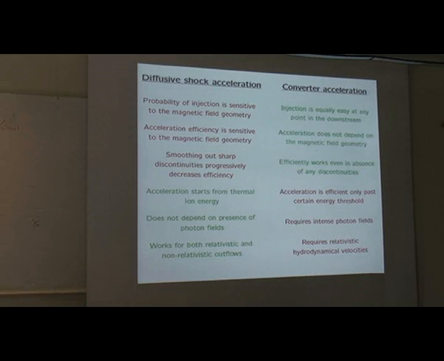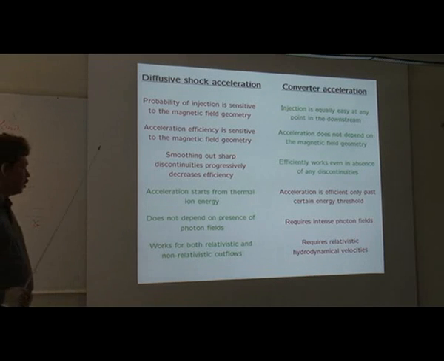In the case of converter acceleration, the last step before you get to the highest energy is that you have a particle in the upstream which has energy, the maximum, divided by gamma squared. So you only need that the magnetic field is coherent on this length, but not on the length of the gyro radius of the most energetic particles. So it makes it a bit easier to deflect particles in the case of converter acceleration.